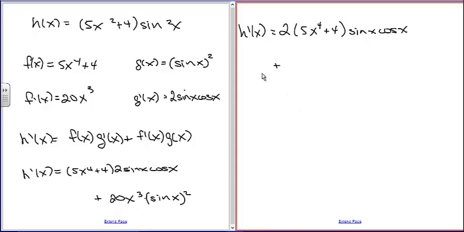And then the second term, I just make that sine squared x instead of sine x squared. So there you go. So if one of the terms in the product of two functions needs to be solved using the chain rule, then you just go and solve it using the chain rule and then plug it in later.